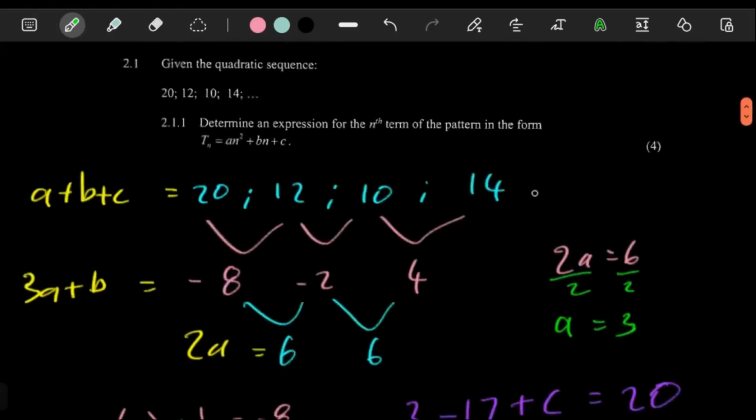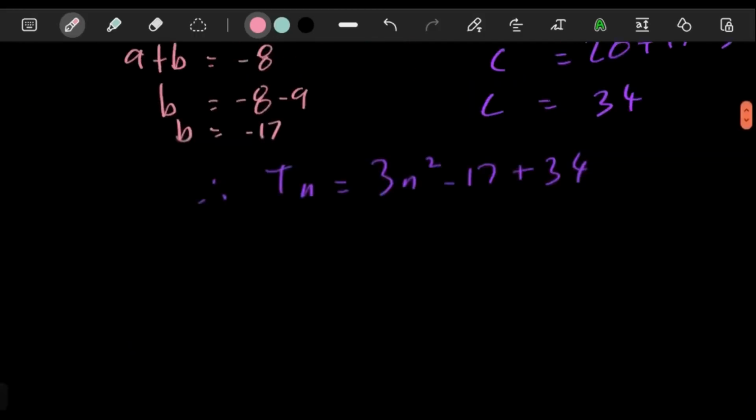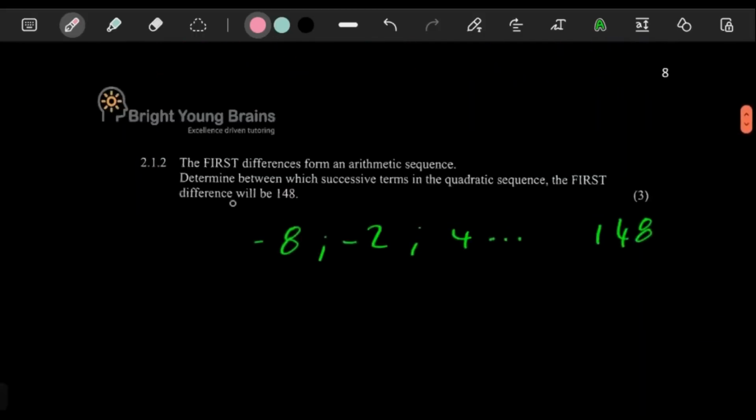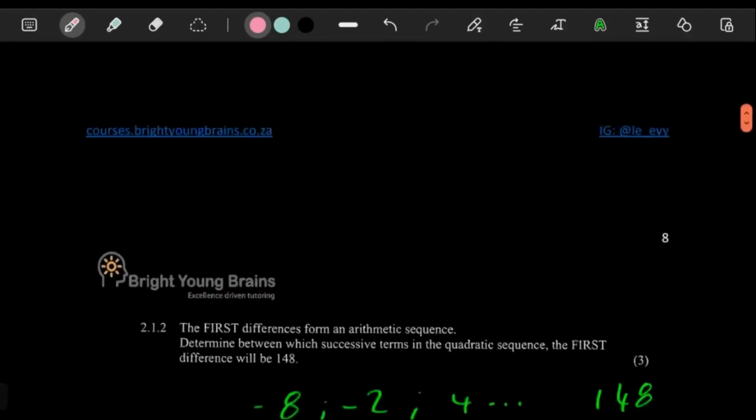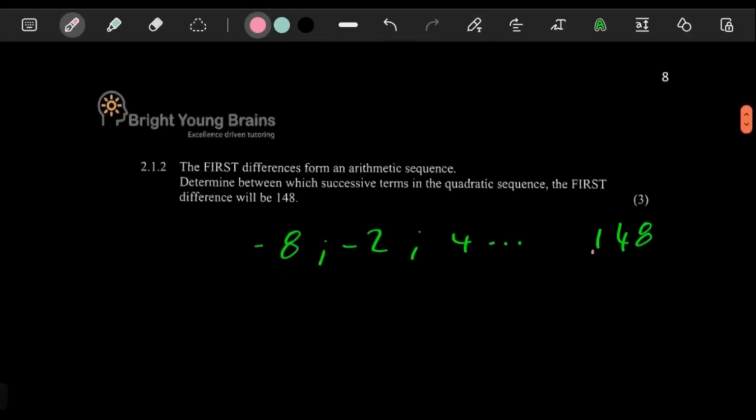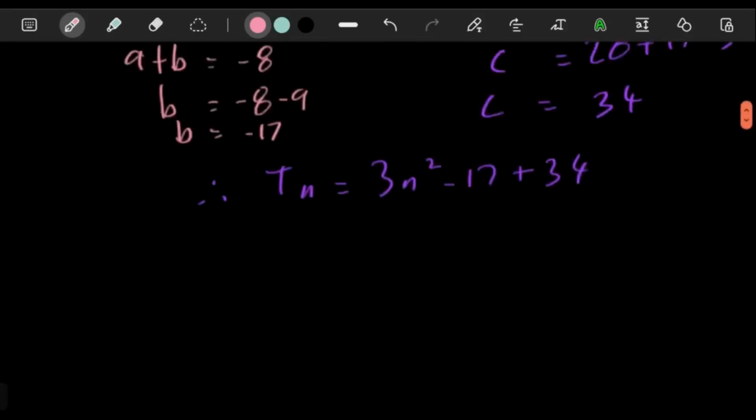Because somewhere up here, you're going to have two values where one minus the other gives you 148. So all we need to do is find out where 148 is in this specific sequence.